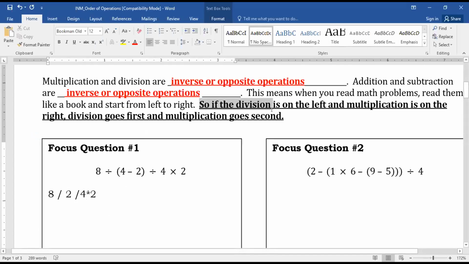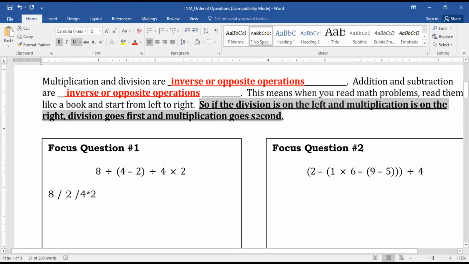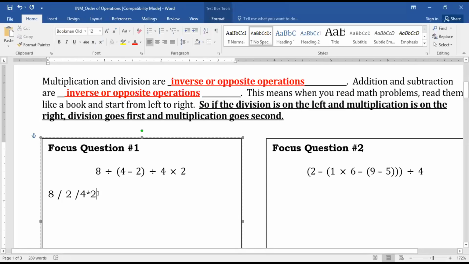So that's where this part of the rule comes into play. I know PEMDAS, please excuse my dear Aunt Sally, appears to have multiplication in front of division, but the way it's defined, we do whichever one of those operations is on the left. So we first have to do 8 divided by 2. 8 divided by 2 is 4.